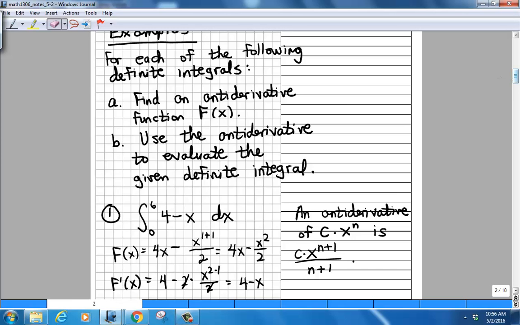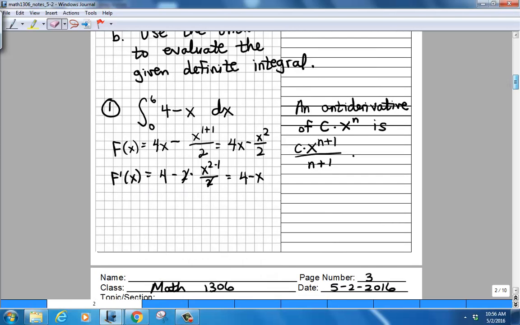Okay, so now what does the fundamental theorem say you're going to do with the 4x minus x squared over 2 to evaluate this definite integral? So here's the second step of the fundamental theorem. It says, oh, I know what the value of this integral is. I'm going to plug 6 in to my antiderivative, and I'm going to plug 0 in to my antiderivative.